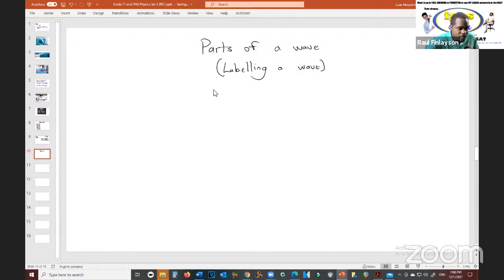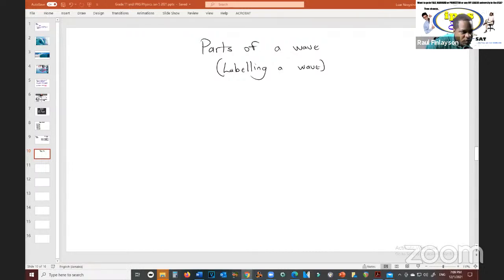All right, so let's see if we can bring up some of the parts of the wave that we would need to label. That's potentially a question that could come. All right, so looking at the parts of a wave, we're going to focus on the transverse wave when we're labeling.